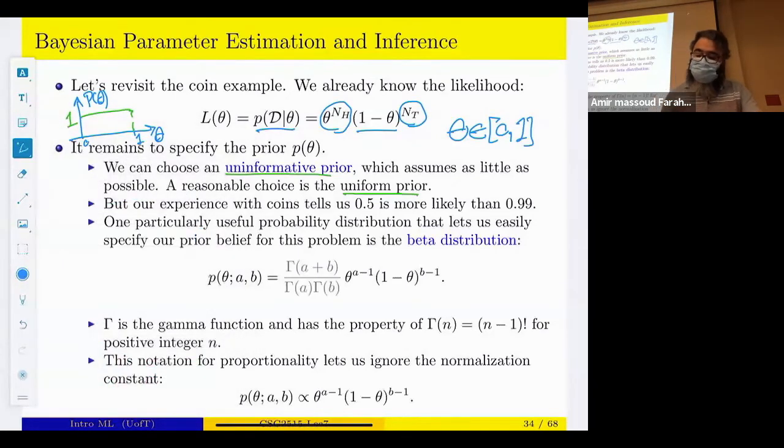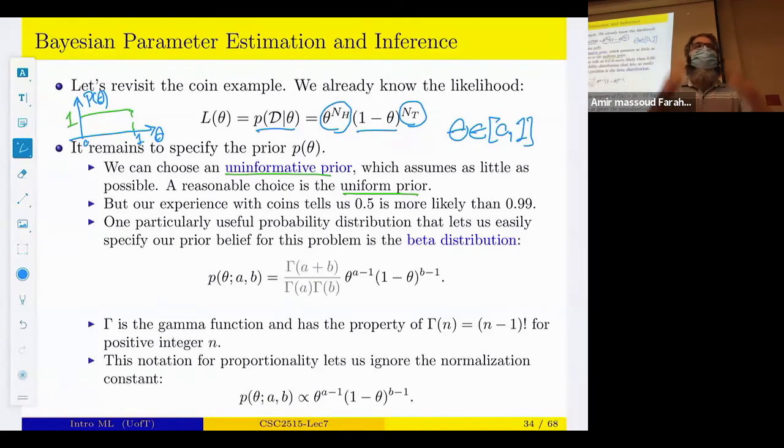But then this has a problem. Most coins that we have seen before in this world are more or less unbiased coins. So the probability is probably 0.5 or maybe 0.4 or 0.6. It's more likely to have a coin that has a probability around there instead of a coin that has a probability of 0.95.